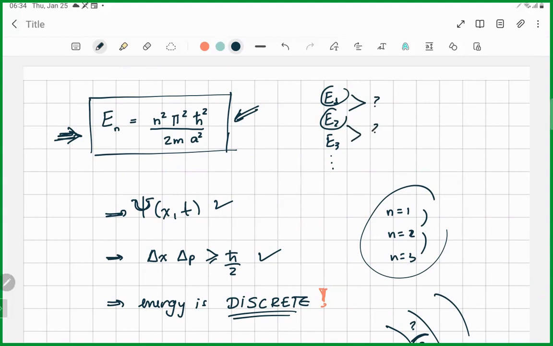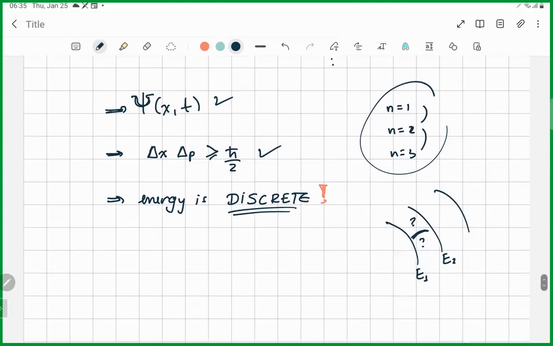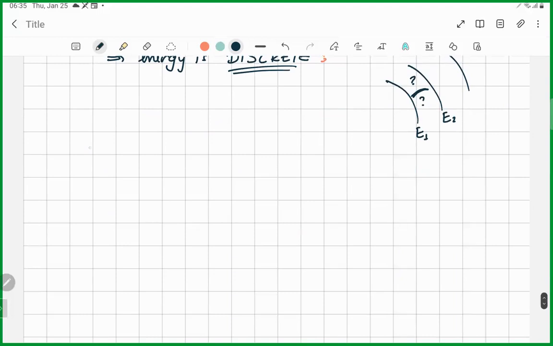Okay, so energy is discrete. Very good. Okay, so we found our energies, and I'm going to write it here again. These discrete energies are the solution of the time-independent Schrödinger equation for the infinite square well. So these are our solutions. Okay, now for each energy, we have a corresponding wave, a corresponding function.